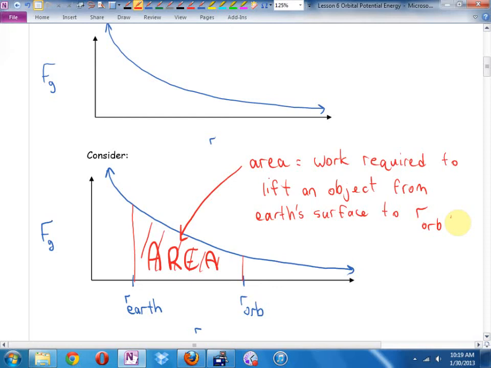Here's the problem. We don't have an equation for the area of a curvy shape.